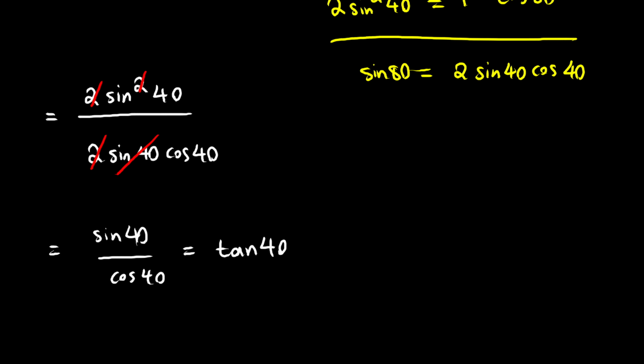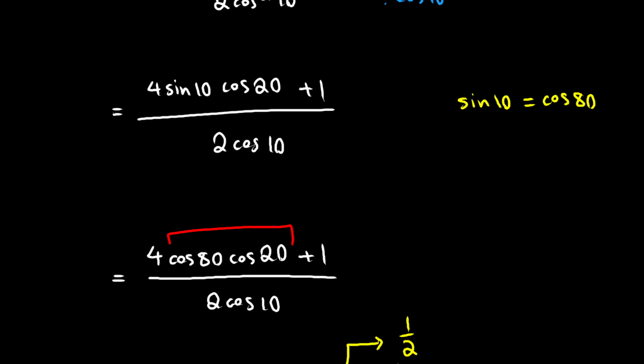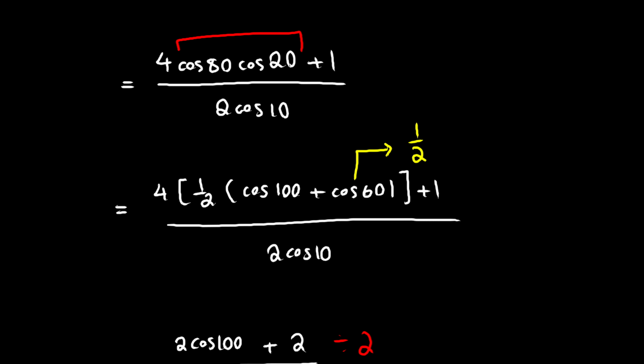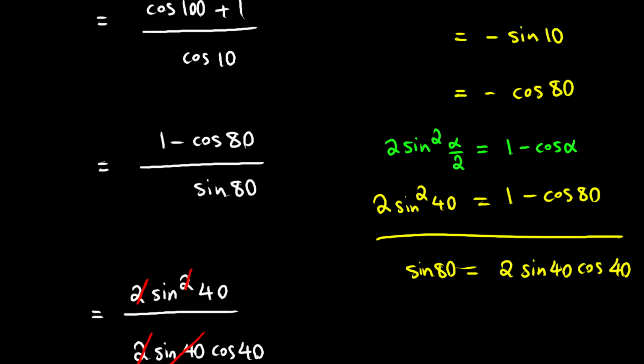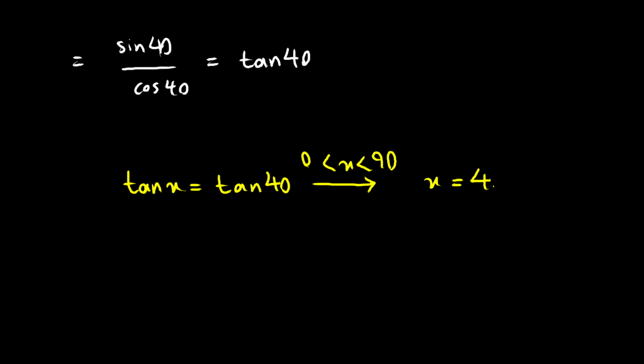Now, remember that all of these expressions are equal to tangent of x, and x lies in the first quadrant. So tangent of x equals tangent of 40, and x lies in the first quadrant. Therefore, x equals 40 degrees.